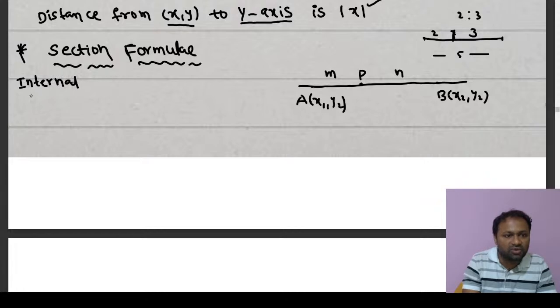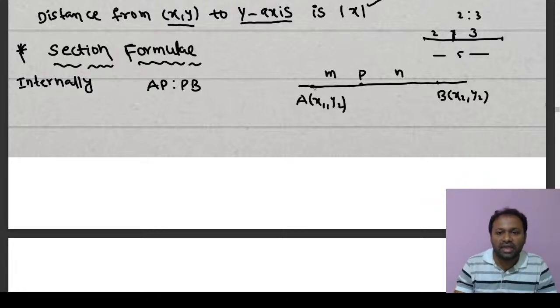Suppose one point is P, which divides the line joining the points A and B in the ratio m is to n internally. That divides in which ratio? That is AP ratio PB, internally, because the point is internal.